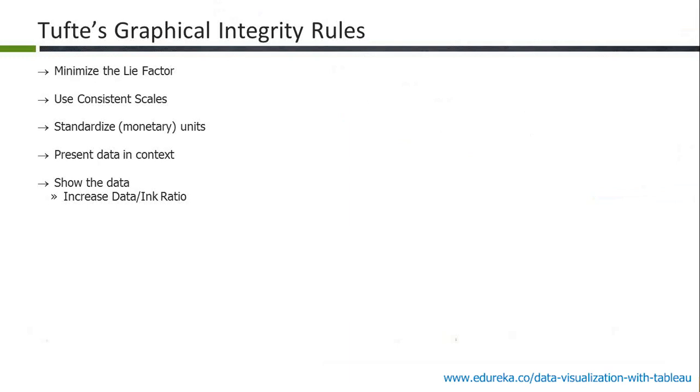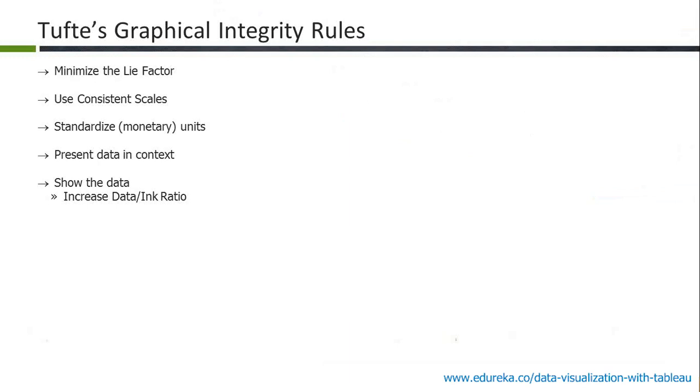Use a consistent scale. If on the x-axis you are using a scale which represents years, starting from say 1901, and every year is 1901, 1902, 1903, 1904, the scale should be consistent with a one-year gap. It cannot be 1901, then 1902, then 1903, then 1910, then 1912, then 1913, and then 1918.